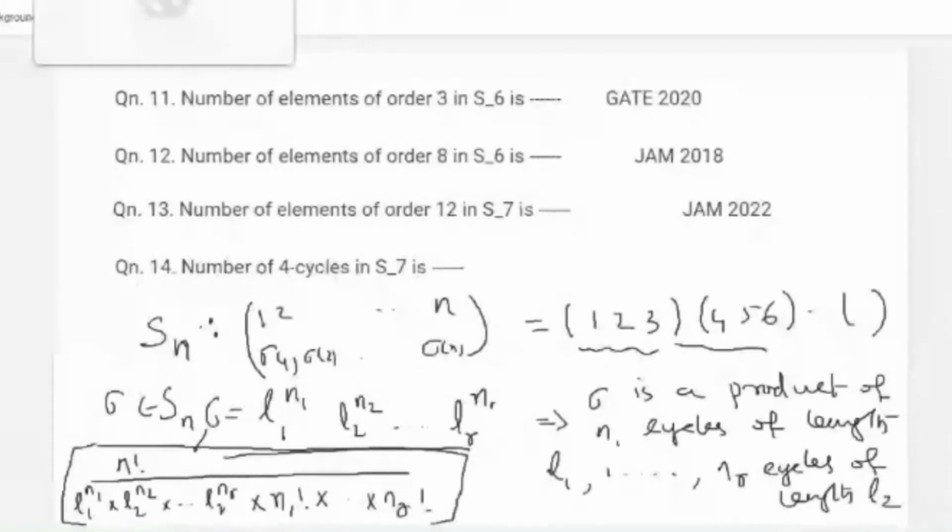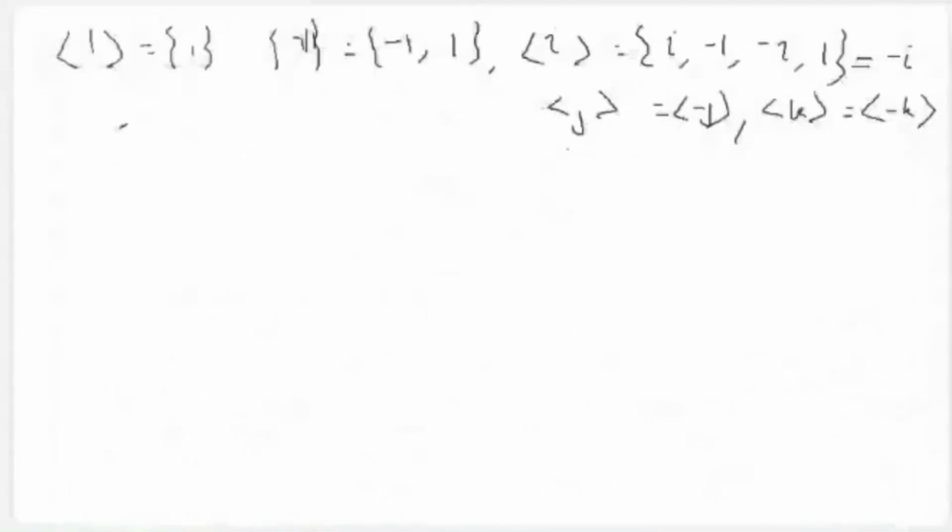Okay, number of elements of order 3 in S6. Let us get this question, question number 11. Number of elements of order 3 in S6. So our group is S6.